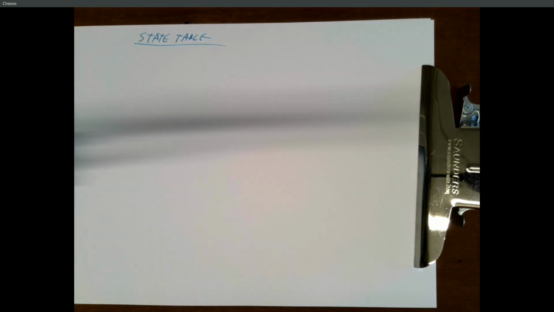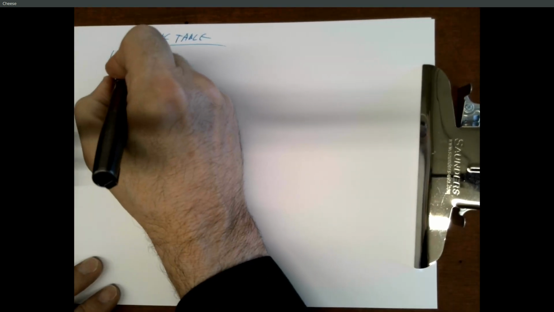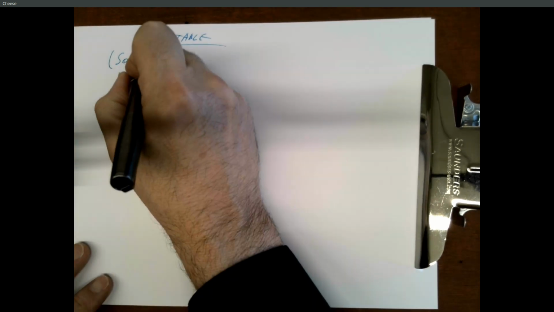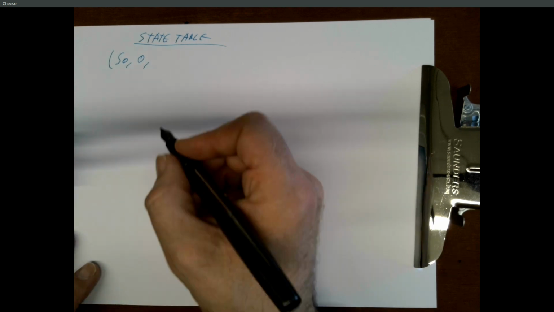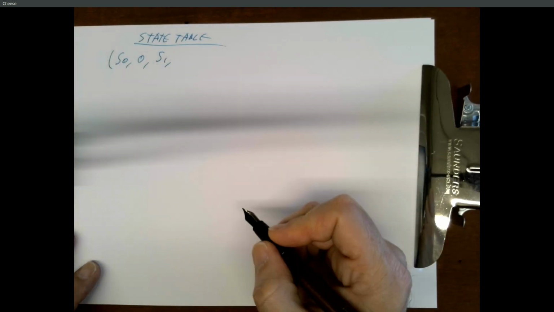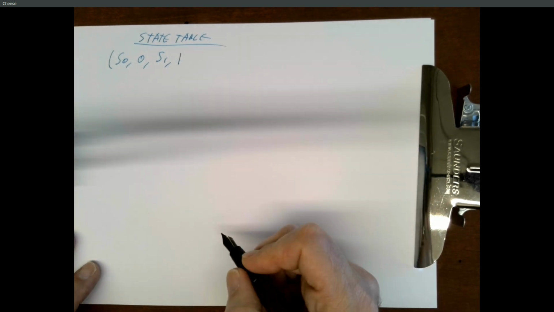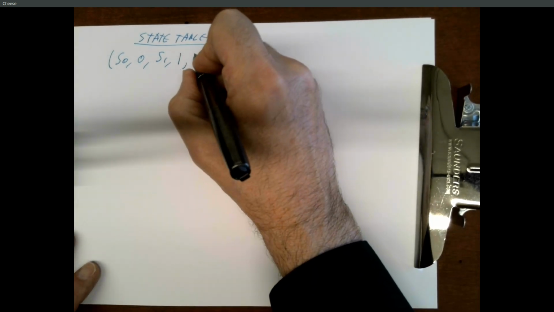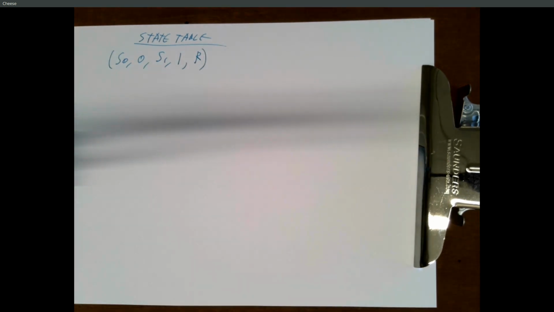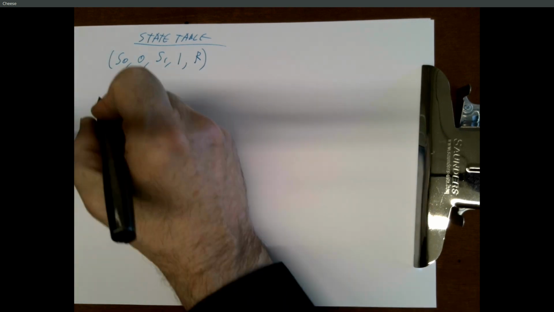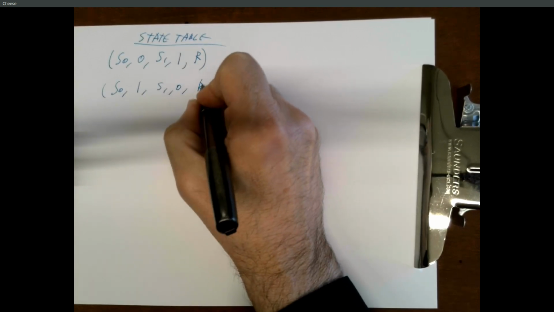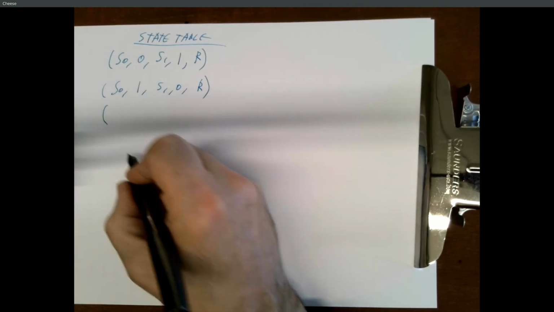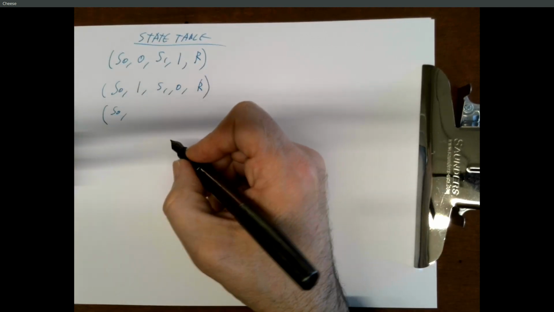And so your state table looks something like this. Current state, value under the read-write head, new state, value to write to the tape, and whether to move to the right or to the left. And you have potentially a number of these operations.